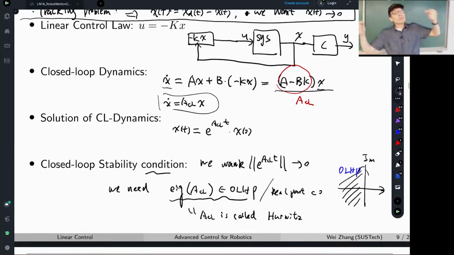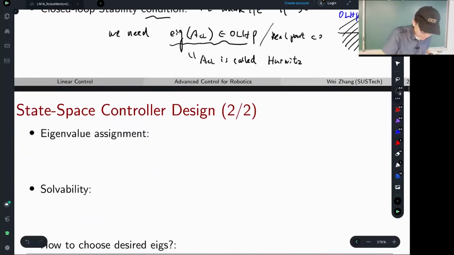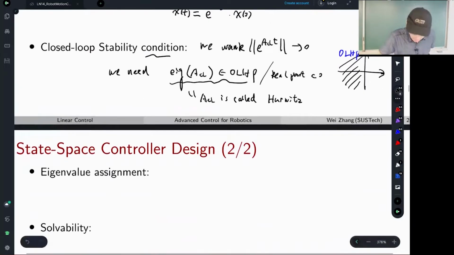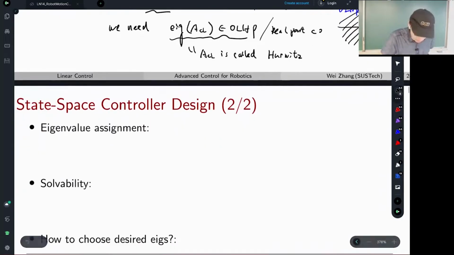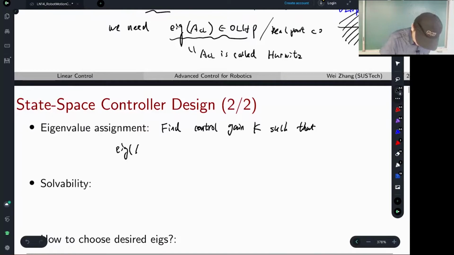For tracking problem, we will just work with the delta or x tilde. That's a deviation from desired state vector. Okay. So because of this relation, the linear control state space design method is just the eigenvalue assignment. It's just find a control gain matrix K such that the eigenvalues of A minus BK equal to the desired eigenvalues.